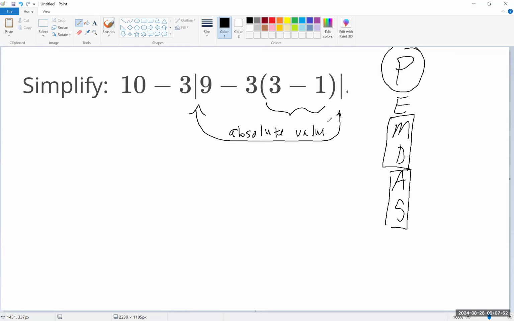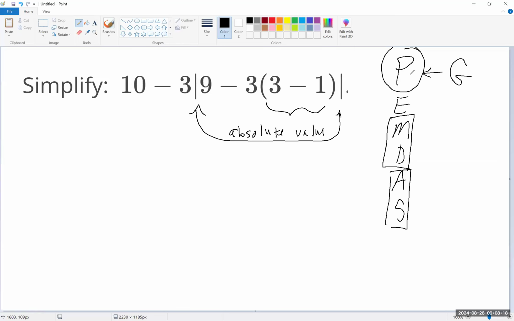It functions as parentheses or as a grouping symbol. We often, instead of a P, might say G because it's a grouping symbol. It functions as a grouping symbol, but it also functions as an operation. It's telling you to do something, right?